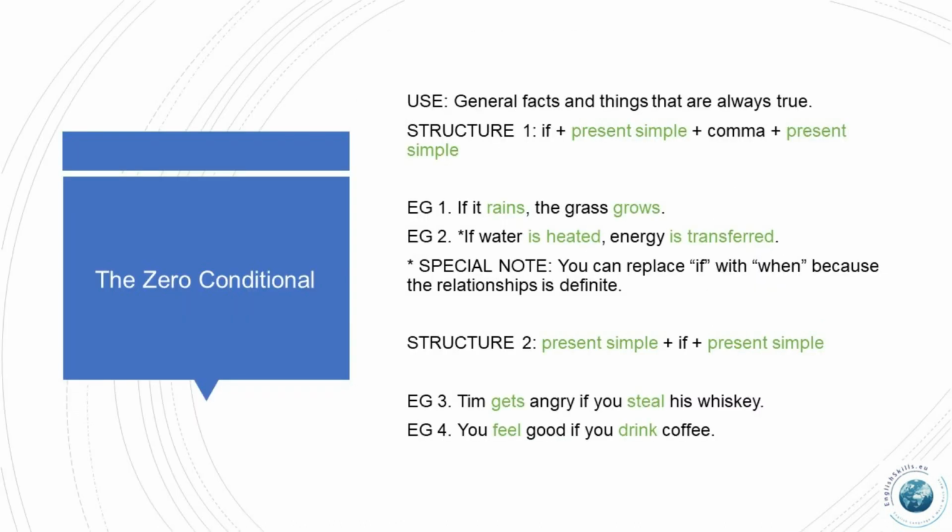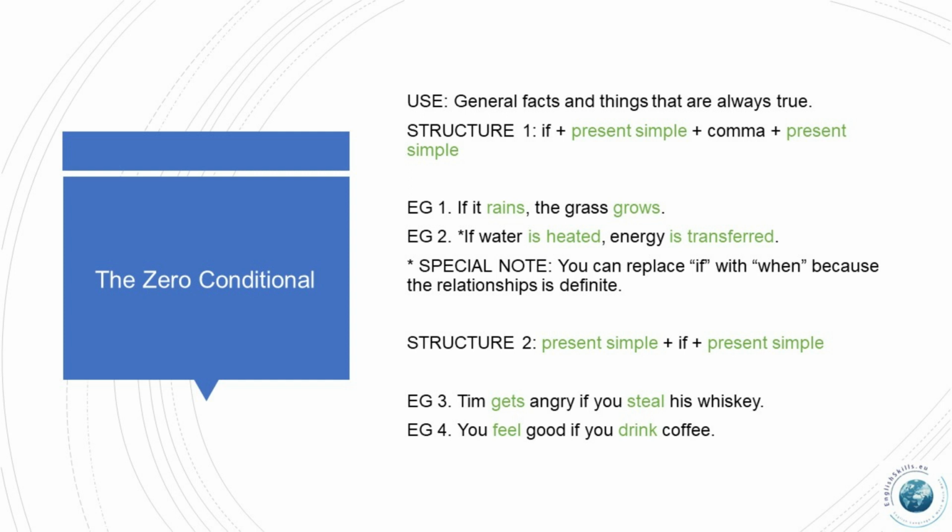Right, the use of the zero conditional, as already mentioned, general facts and things that are always true. Structure 1, structure 2, in each of these we're going to look at where we start with the if at the beginning, and then the second structure where we put if in the middle of the sentence. Structure 1, if plus present simple plus comma plus present simple.